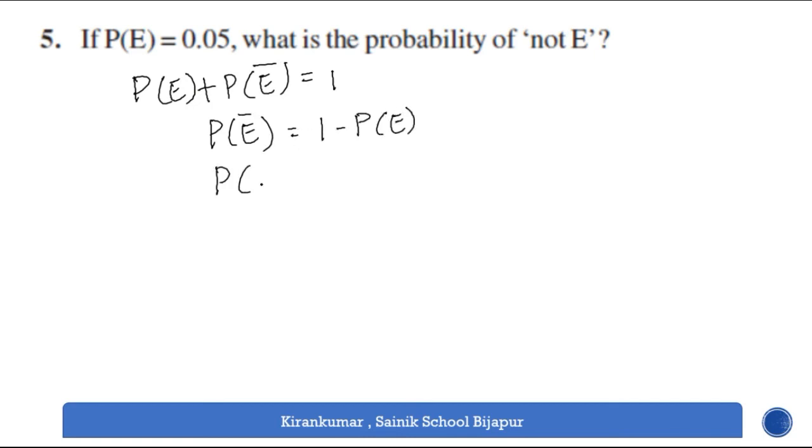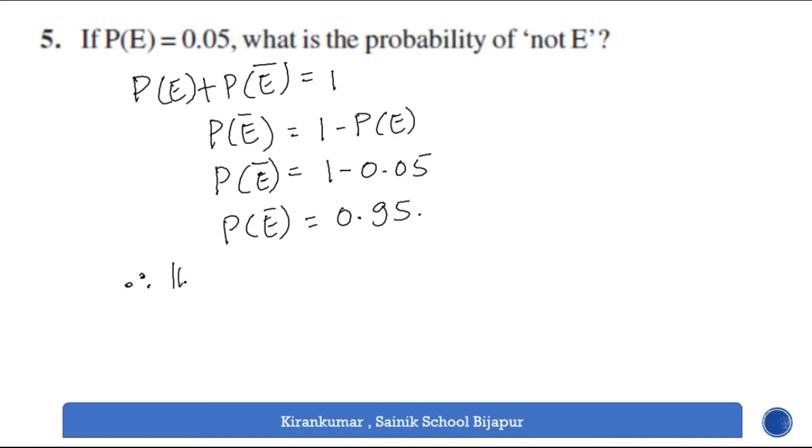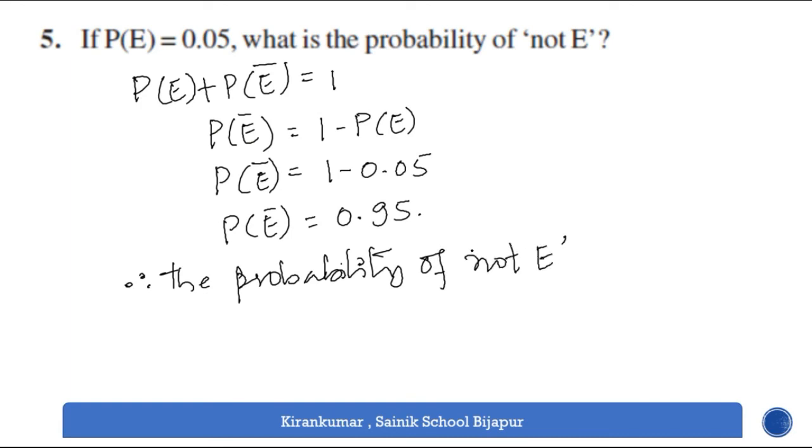So probability of not an event is given by 1 minus 0.05, and this will be equal to 0.95. Therefore, the probability of not an event is 0.95.